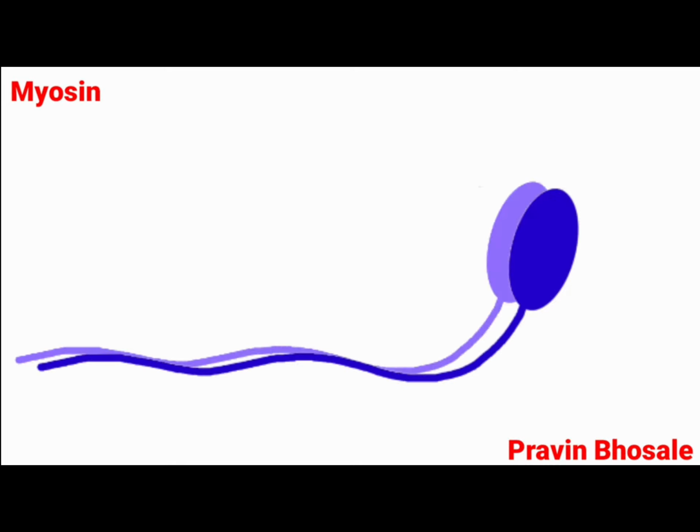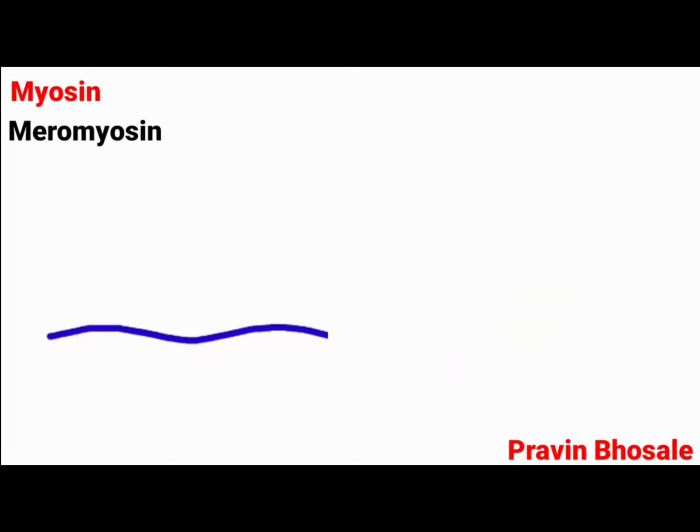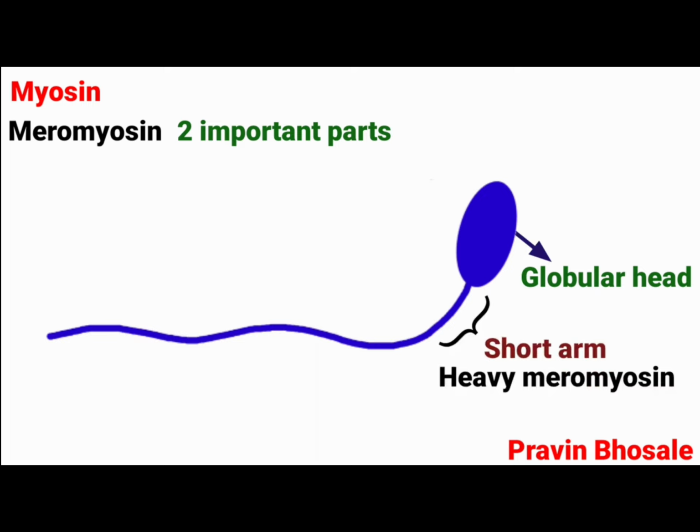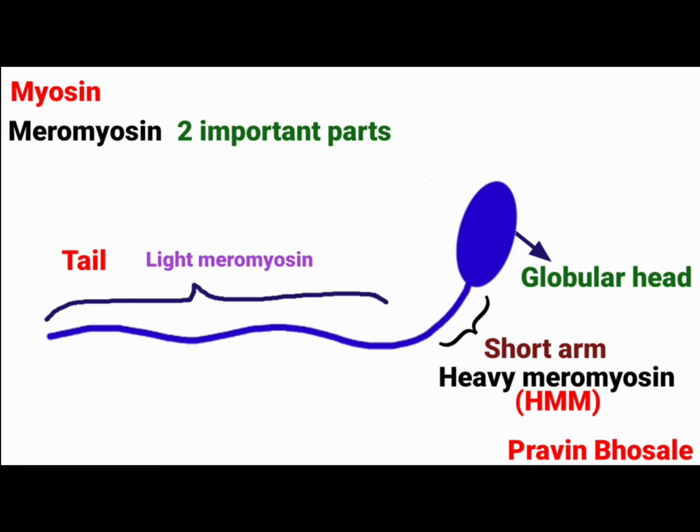A myosin molecule consists of two heavy chains coiled around each other. Each meromyosin consists of two important parts: a globular head with a short arm, that is, heavy meromyosin HMM, and a tail, that is, light meromyosin LMM.